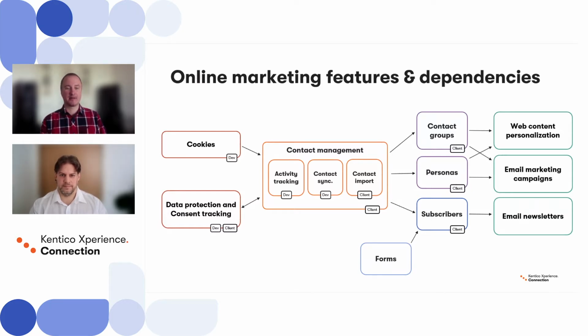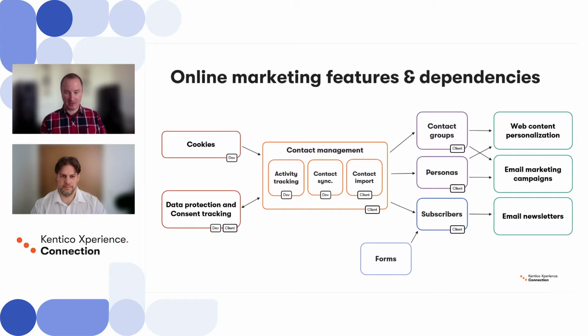And this integration or synchronization needs to be prepared by developers. Then there is contact import. It's a feature for end users, and you may import contacts from other systems via CSV files. After this is all ready, you may start to segment your contacts into, for instance, contact groups or personas.